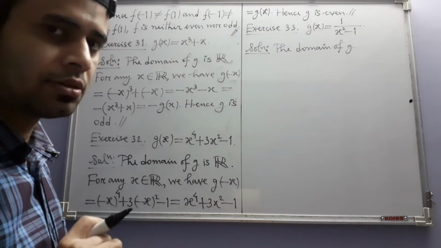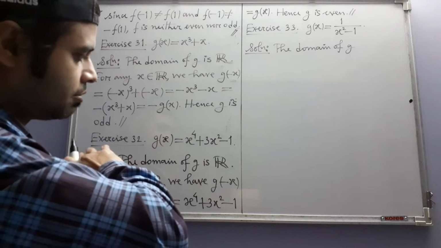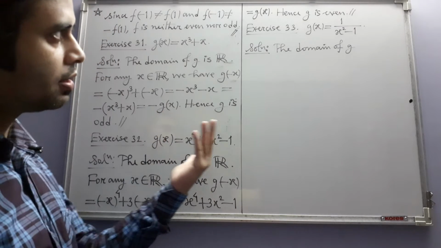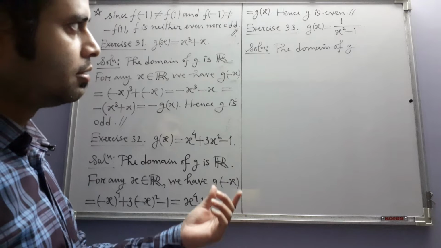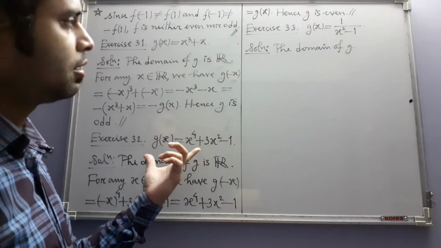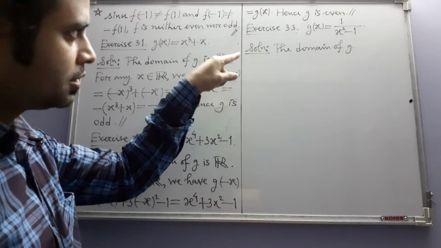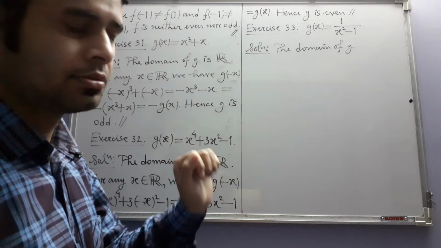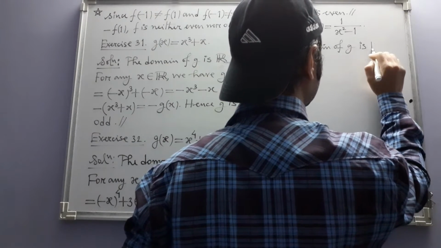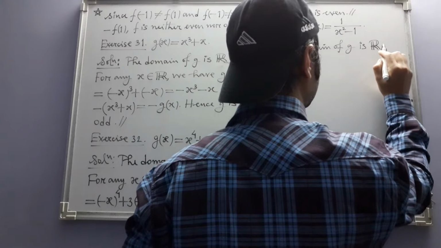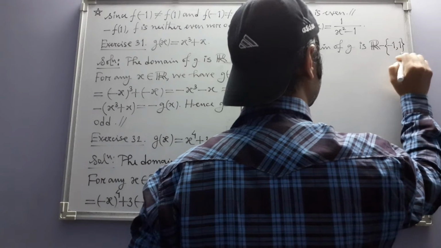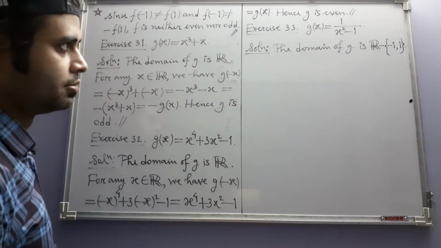Then only we can say it's a function. However, the way we are dealing with these things, we have made the convention that when we are given a formula like this, then there is a largest possible domain that can be taken, that is the natural domain. That's what we mean when we write the domain of G is this. Okay. Minus 1 and plus 1 have been removed.